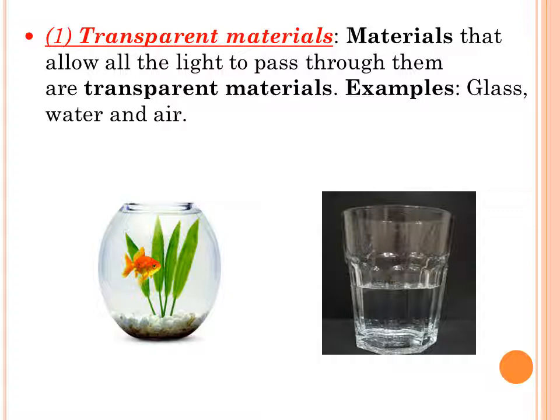For example, we have glass. Through glass we can see the other side. The light can pass through the glass. Then we have water, in which things can also be seen. Then we have air. We can't see the air, but there is air, and that is also a transparent material.